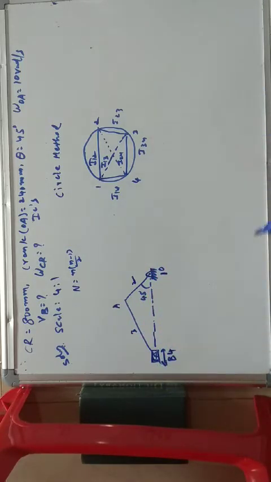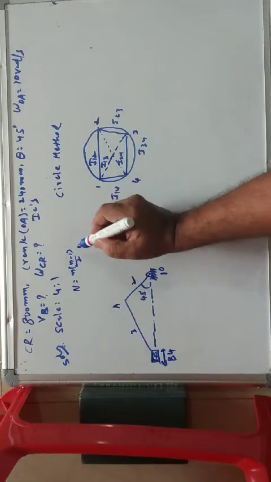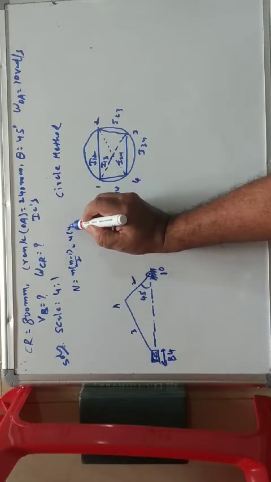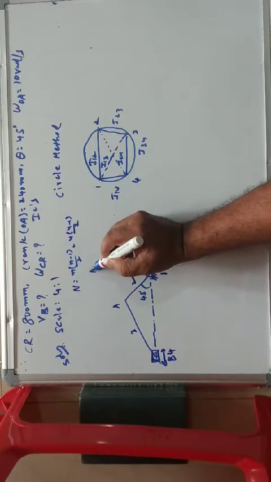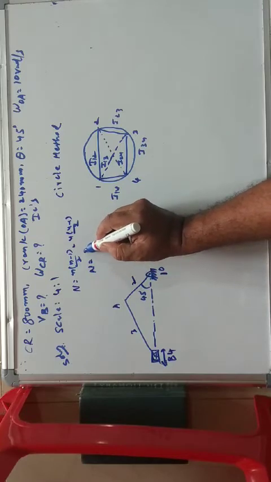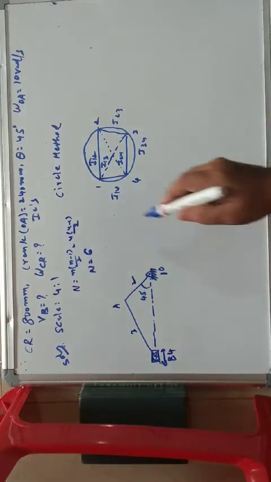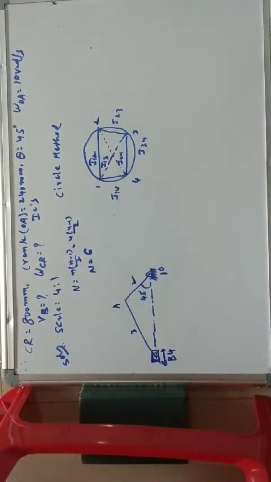The 4 links are there. Therefore n is 4. We substitute 4 into 4 minus 1 by 2. I am going to get N is equal to 6. That means 6 instantaneous centers we are supposed to write.